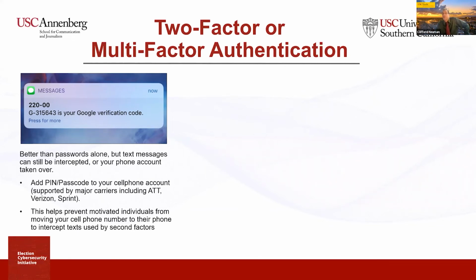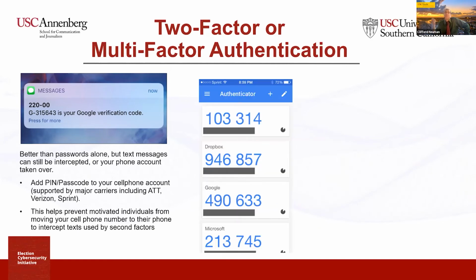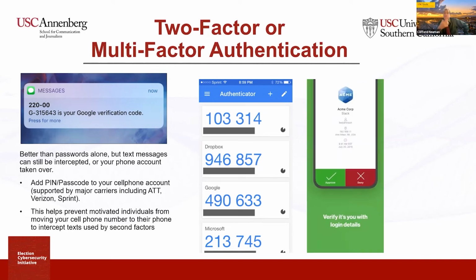Now, there are some other approaches to second factors of authentication that are a little bit better. There's Microsoft Authenticator or Google Authenticator. You get a code for each of the sites that you visit that changes on a minute-by-minute basis. Even better, some of these apps like Duo, and there are some other ones like this as well. The way this works is, at the end of the semester, I log into our grading system to enter grades for students.